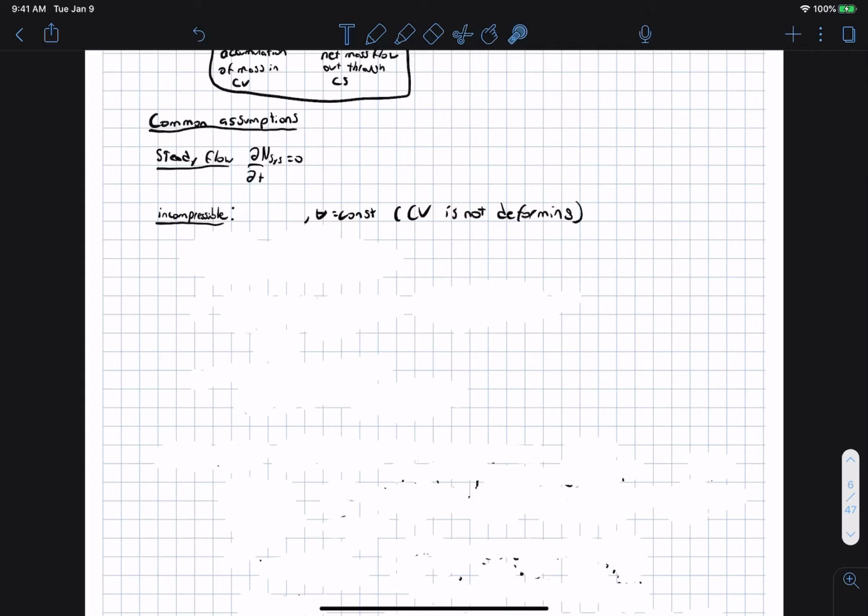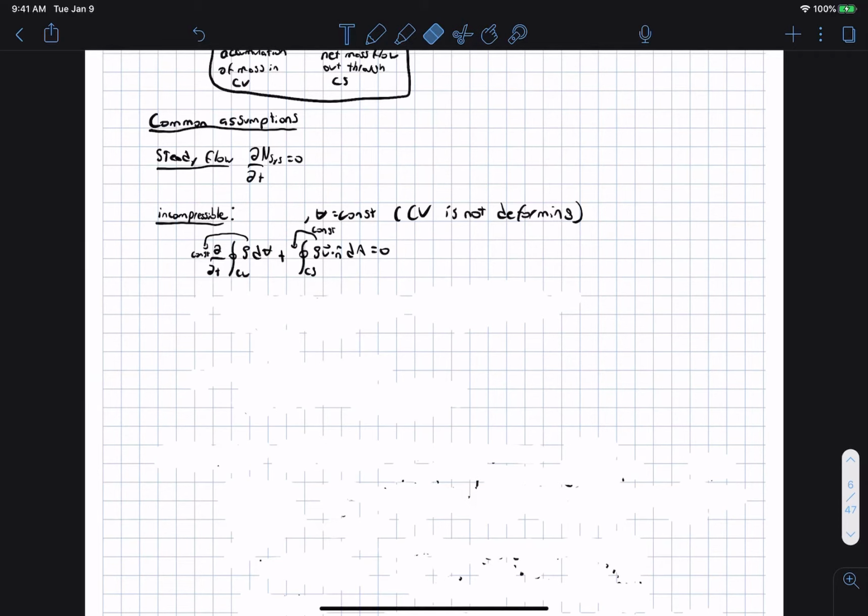But if the control volume is not deforming, that just means that the volume of fluid in the control volume is constant. And so you can derive an incompressible version of conservation of mass, assuming that rho is equal to constant, even though strictly speaking, incompressible flow isn't quite that. It's a bit less restrictive than that, actually.